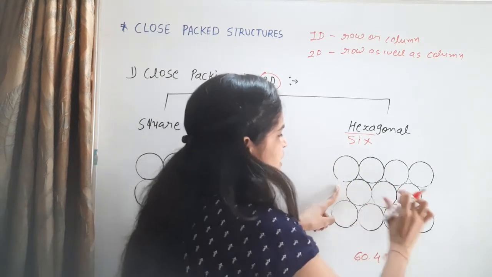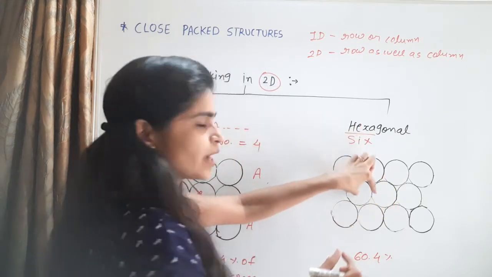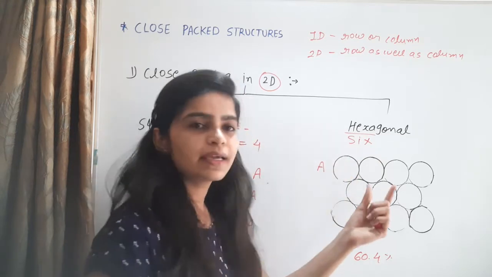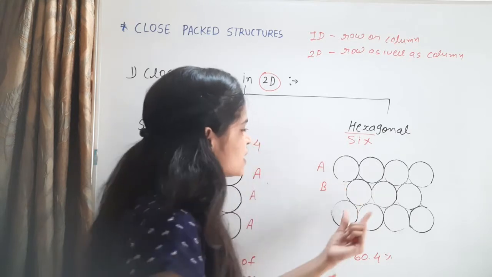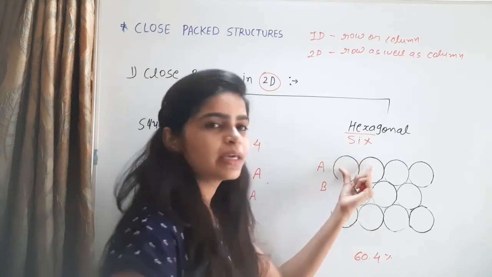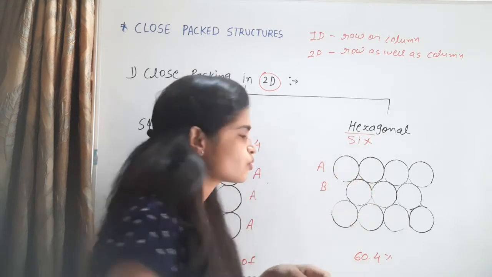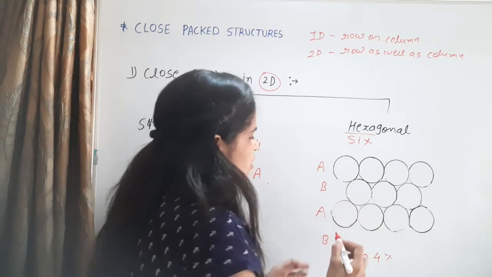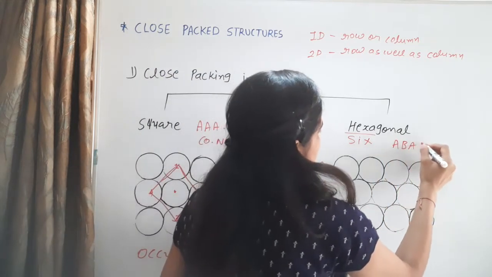Since the second layer is different from A, its name is B. The third layer is the same as the A layer, so it is A. Then the next layer is B. So it is an AB type arrangement.